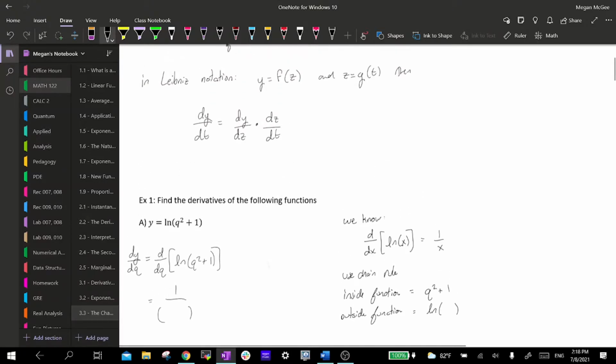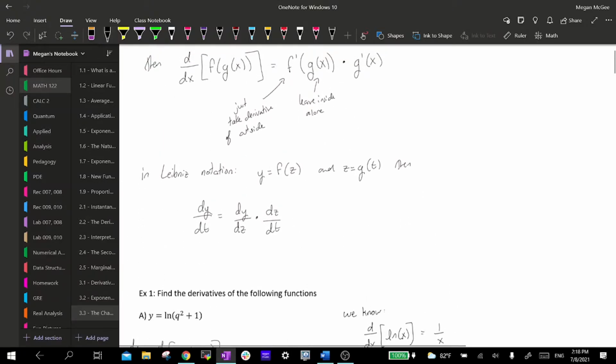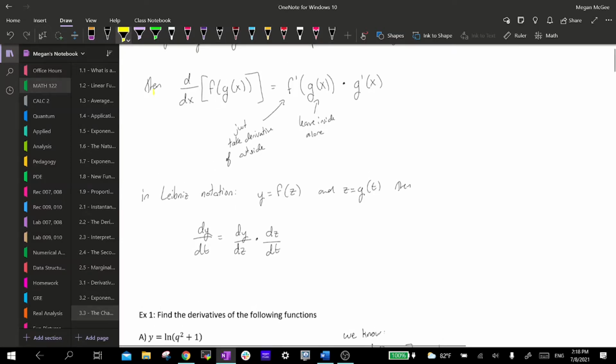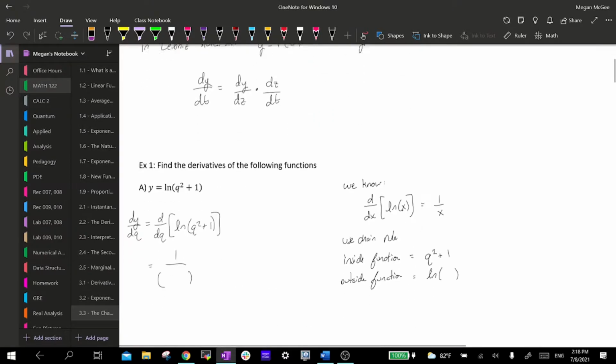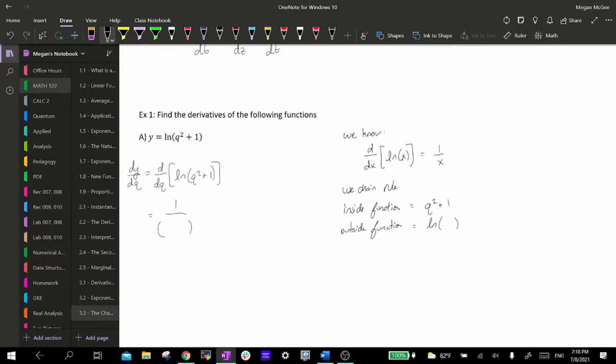Well, let's go back and look up at our chain rule here. Okay, we leave the inside alone. So that means we need to leave g of x as is inside our function. Okay, so our 1 over something, that something, is going to be our g of x. So this will be the q squared plus 1.